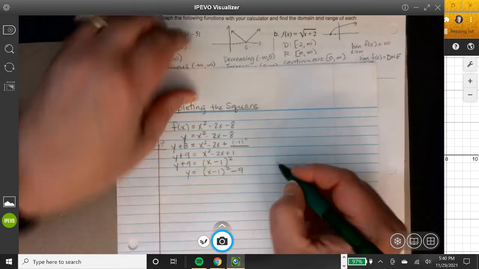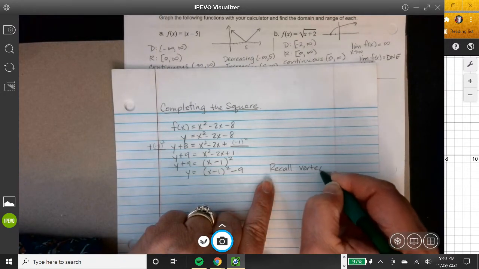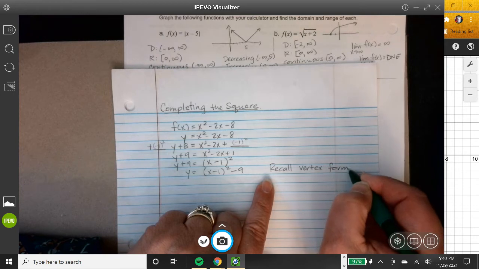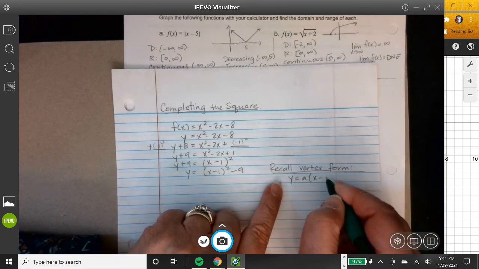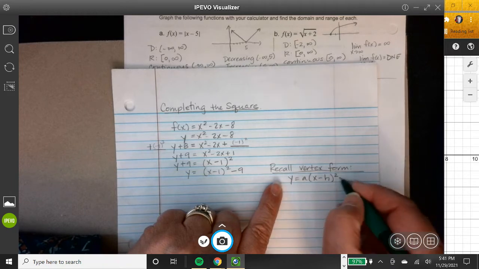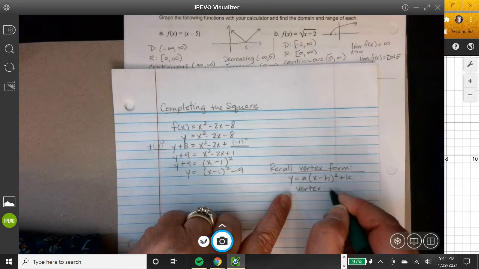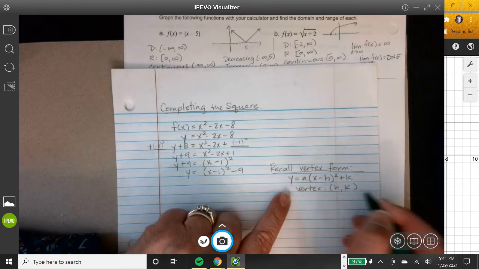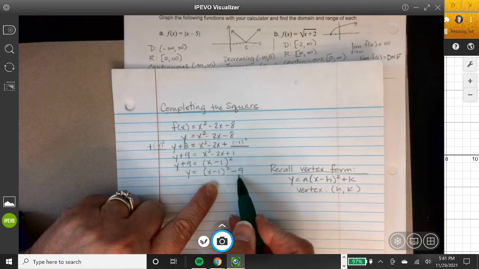And my vertex, if you recall, vertex form for quadratics is y equals a times x minus h quantity squared plus k. And the vertex here is h comma k. So what's h here? h is 1 and k is negative 9.